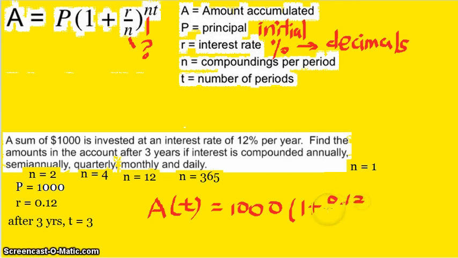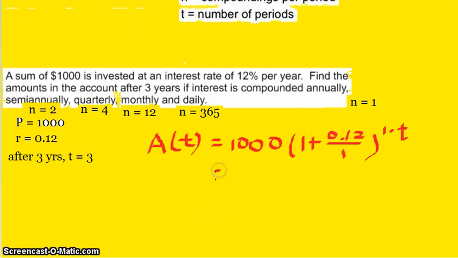So if they want us to find how much money I am going to have if the interest compounds annually, which means once per year, that's my n. n is equal to 1, to the power of 1 times t. Right now I'm talking about t number of years. So my expression would be A of t is equal to 1000 multiplied by 1.12 to the power of t.